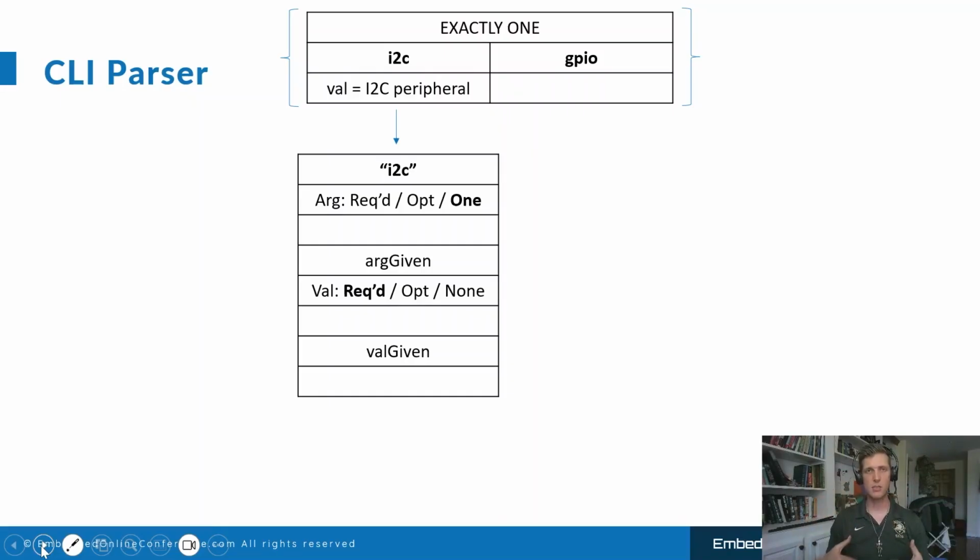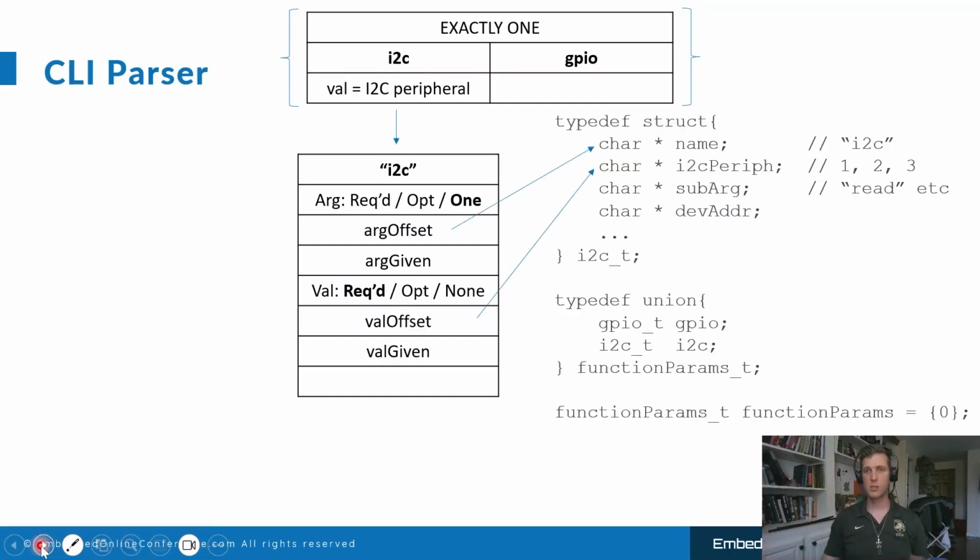Now, one sticking point is, let's say I successfully write the parser and I've got all my data somewhere. How do I give that data to the function? If I want the parser to be function agnostic, then all of the functions that get called to handle these input arguments have to have the same function signature. And so my solution to that was to make all the functions take a single value, which was of type function params, which itself is a union of each of the structs that I might copy my information into in order to manipulate the GPIO peripheral or the I2C peripheral.